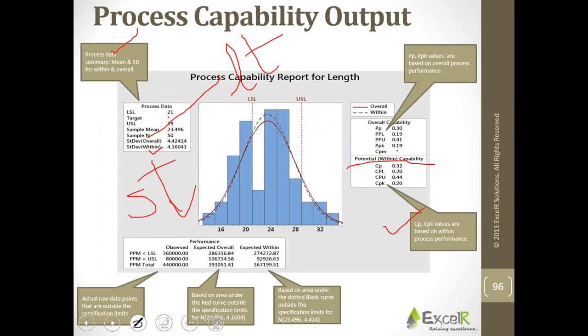You get CP as 0.32 and CPK as 0.20. Then PP, PPK values are based on overall process performance. Overall, how is the process performing? PP is 0.3 and PPK is 0.19.